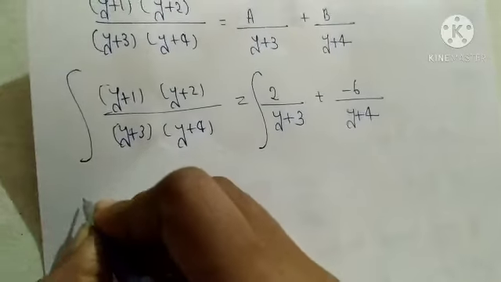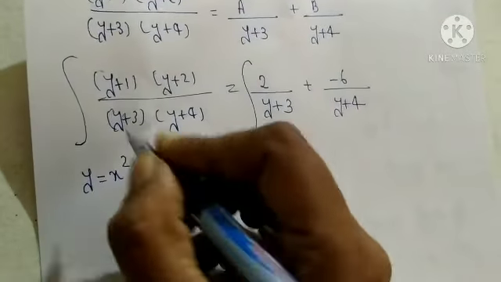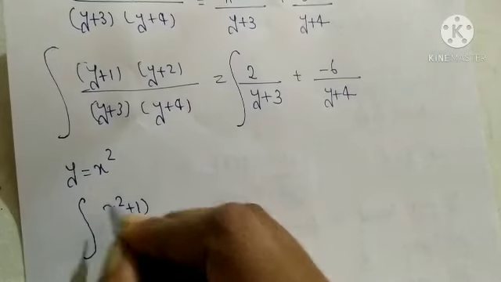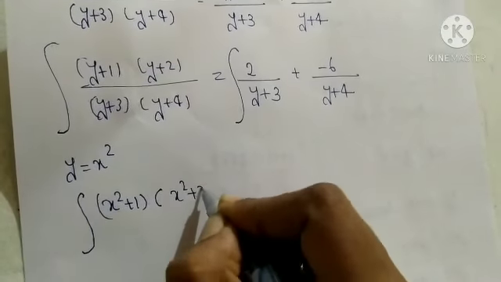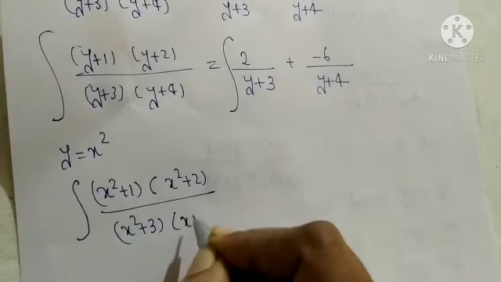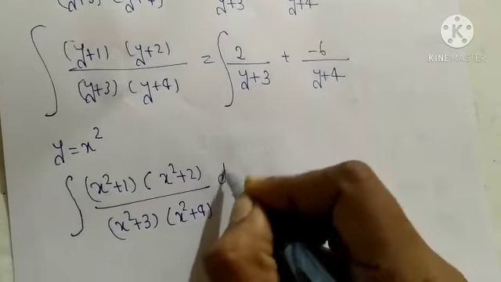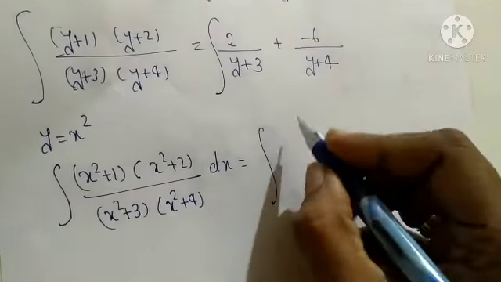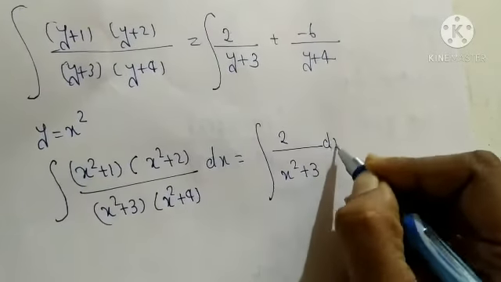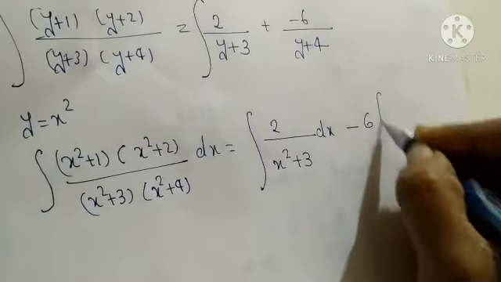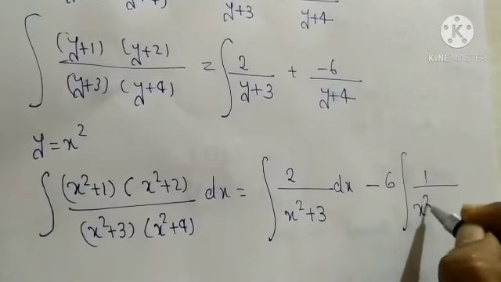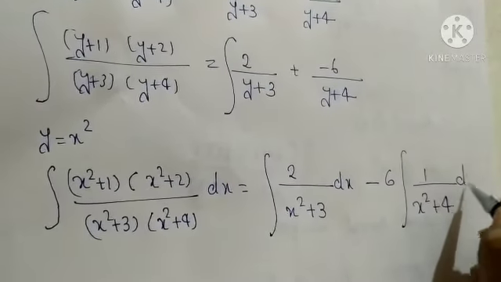So next I am going to replace this y by x square. So our question will become x square plus 1 into x square plus 2 divided by x square plus 3 into x square plus 4 dx equal to integral 2 divided by x square plus 3 dx minus 6 integral 1 divided by, this y can be replaced by x square plus 4 dx.